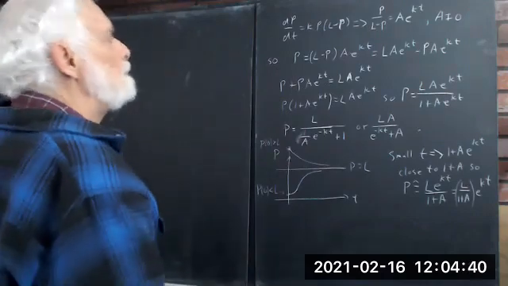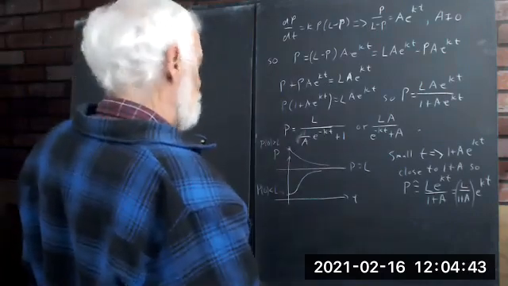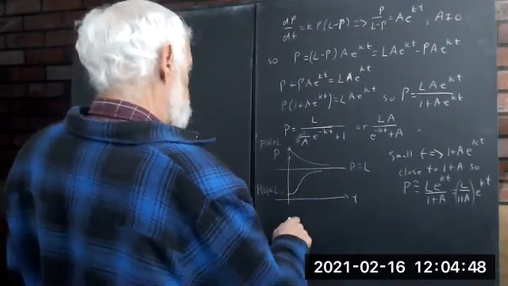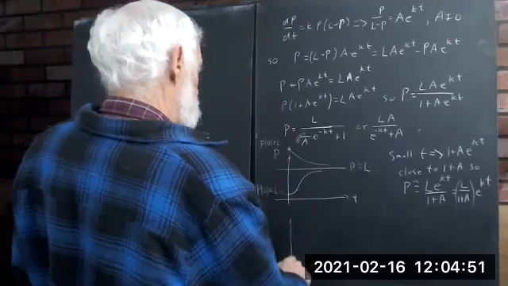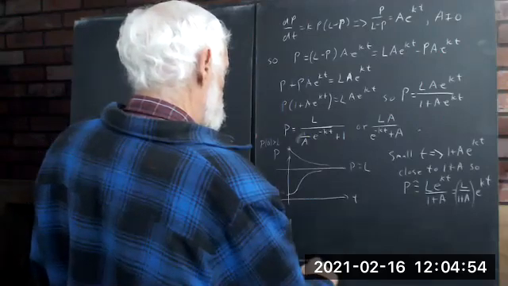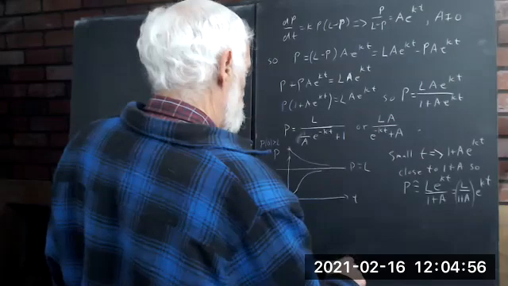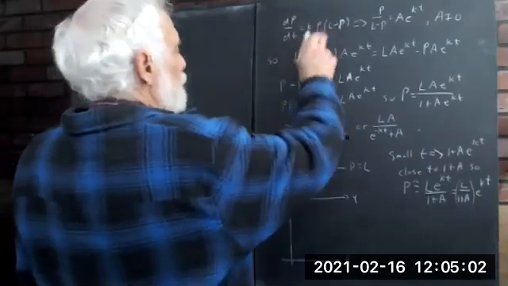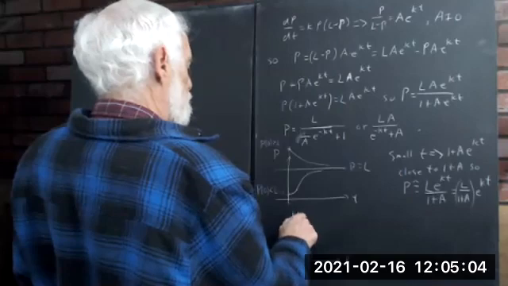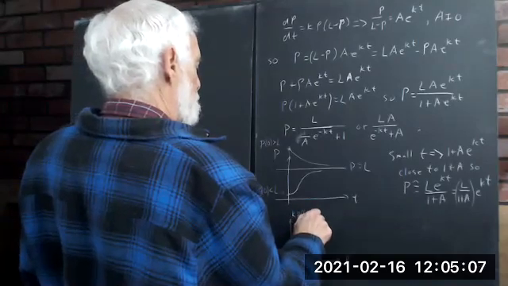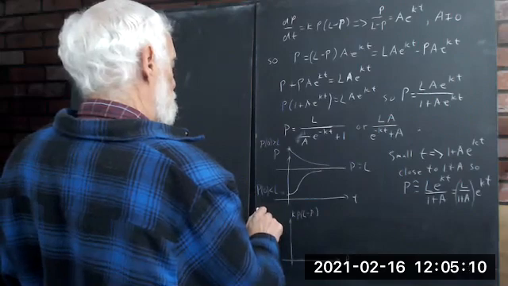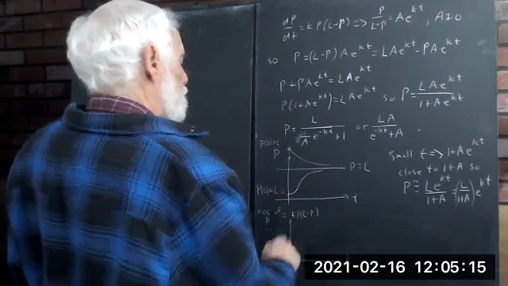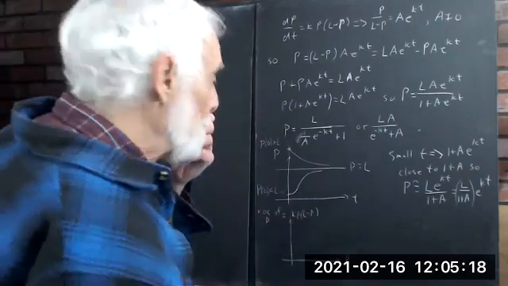You can also relate this to the graph of your Kp times L minus P. Rate of change of P equals this.